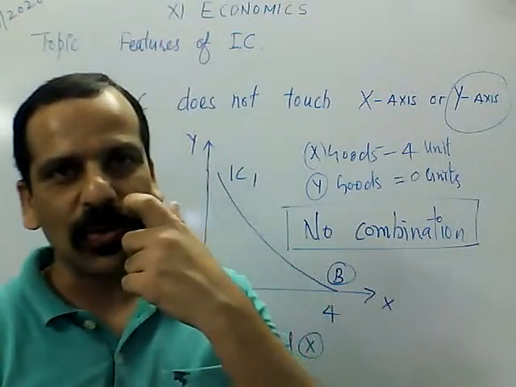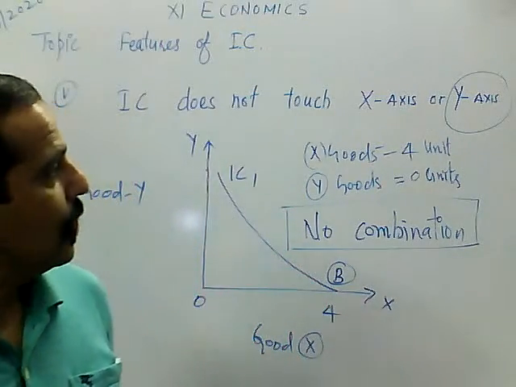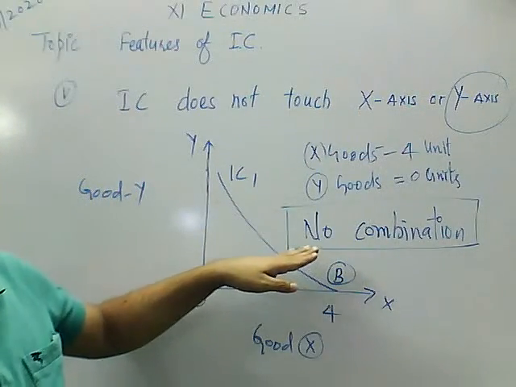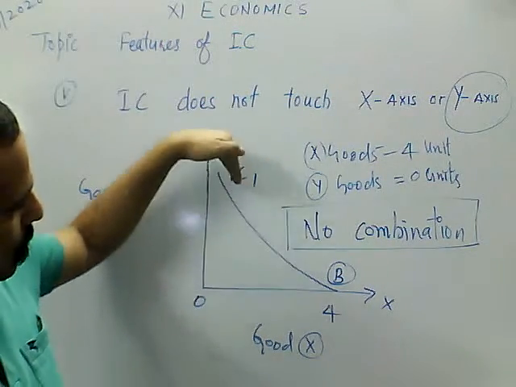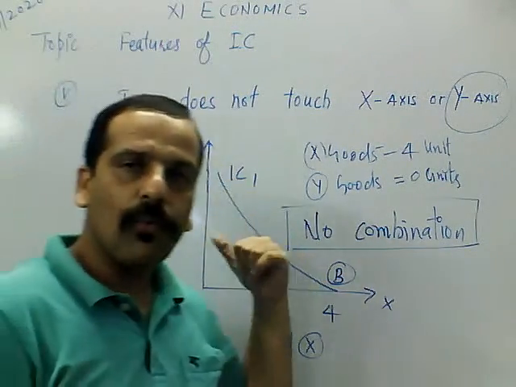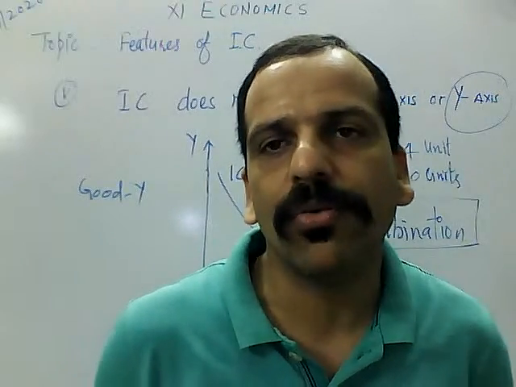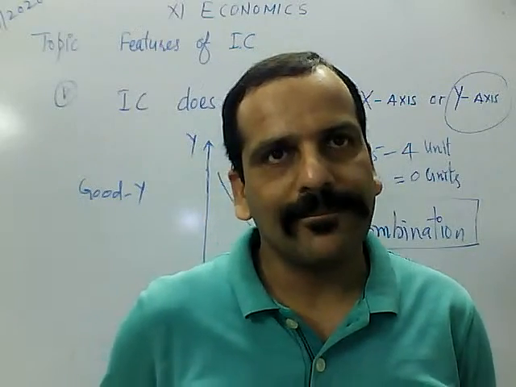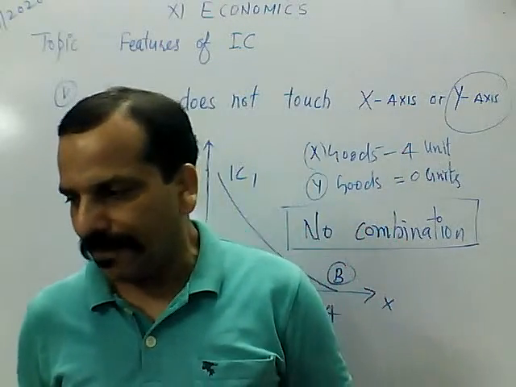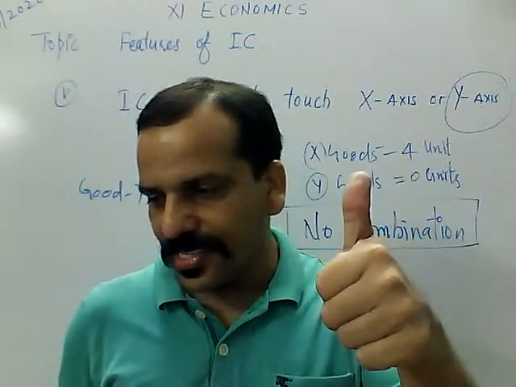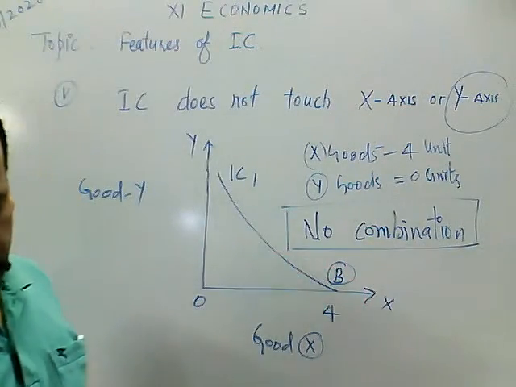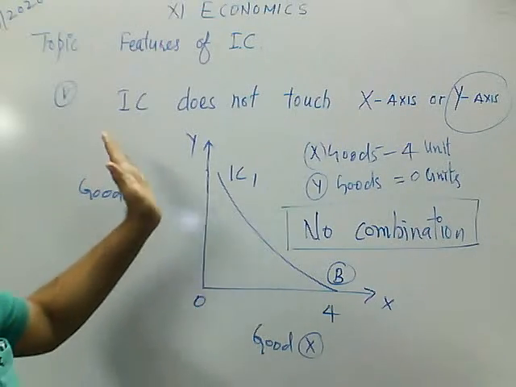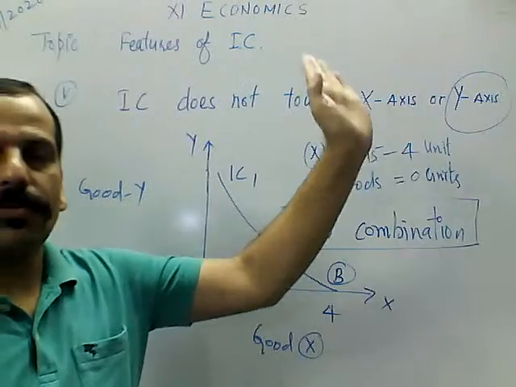First feature I taught you is that indifference curve is downward sloping. Second, that indifference curve is convex to the origin. Third, higher indifference curve gives you a higher level of satisfaction.